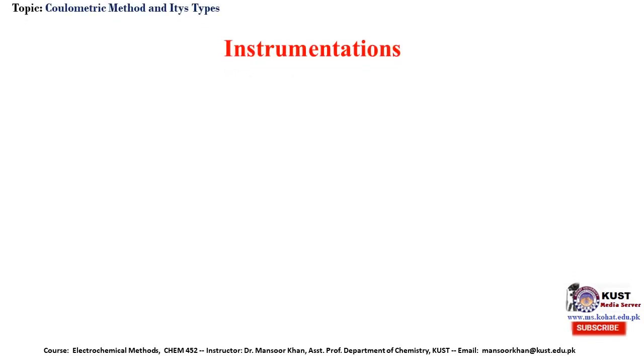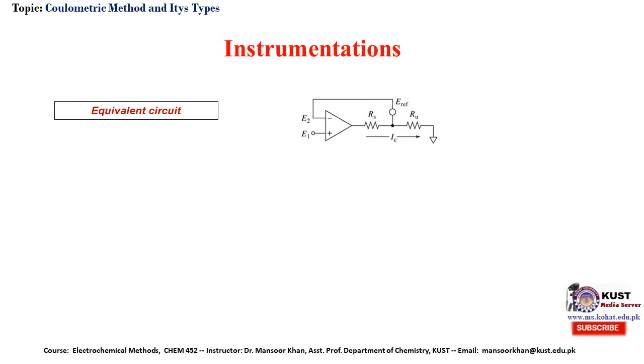Now instrumentation. In this slide we will show all the images of potentiostatic coulometric methods in its instrumentation. So the first one is an equivalent circuit. In the equivalent circuit we have resistors Ru and Rs.